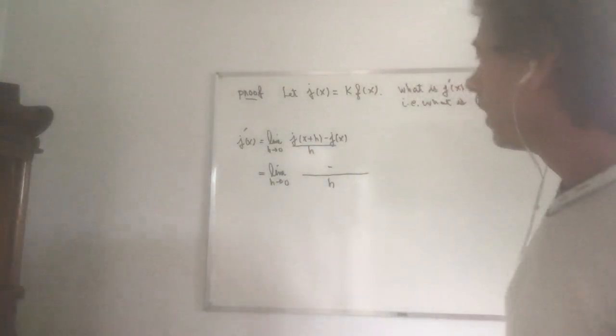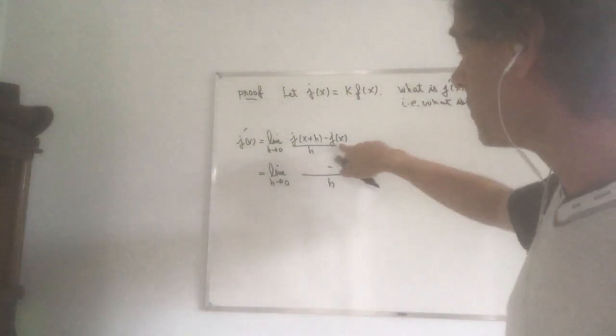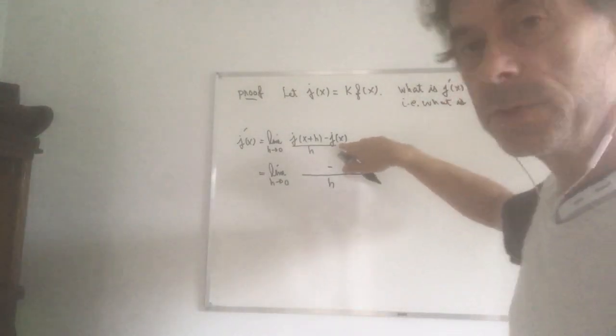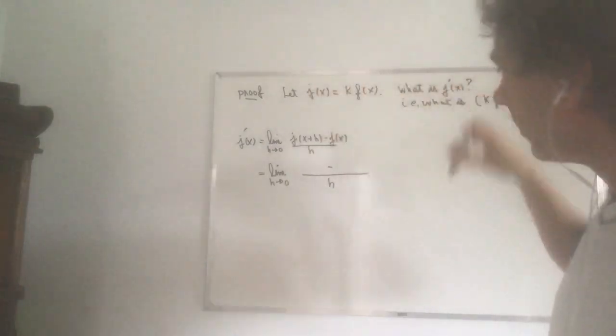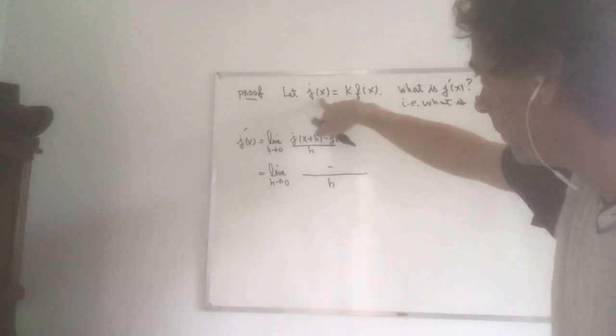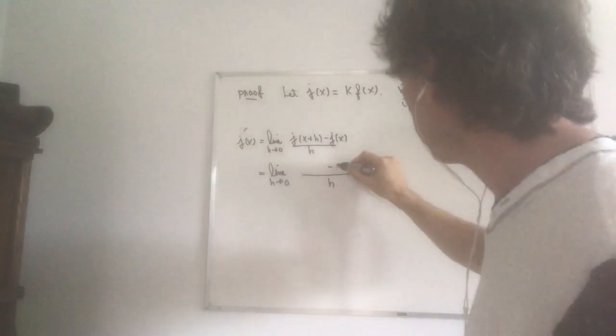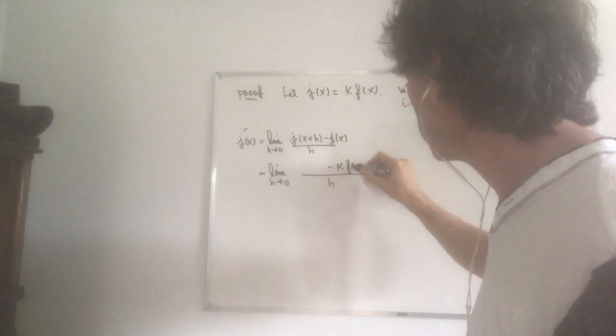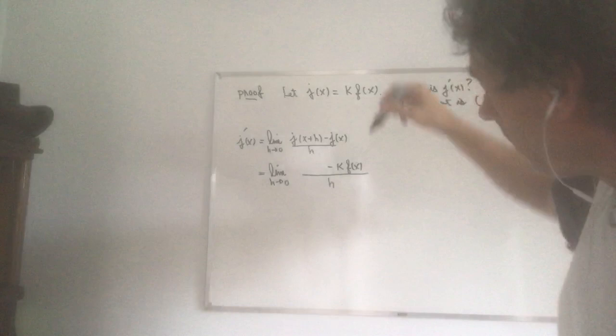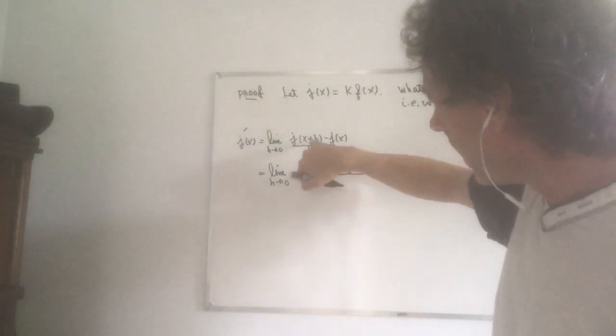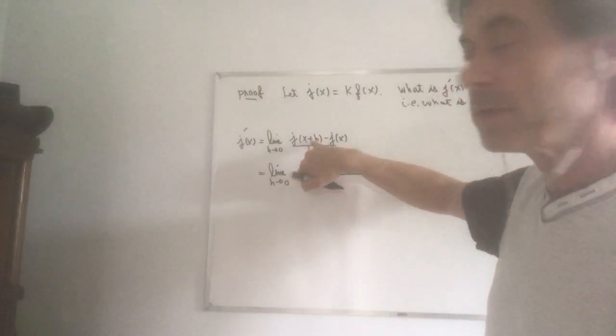As usual, we're going to start with something easy. We're going to replace j of x. Where is j of x on this whiteboard? Right here. j of x is k f of x. Now the question is, what is j of x plus h?